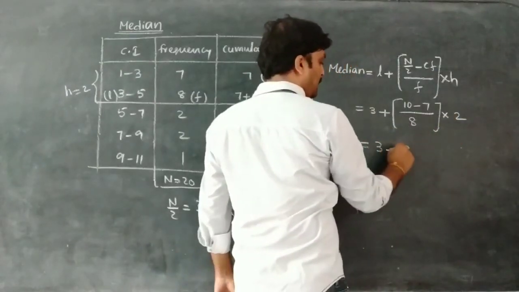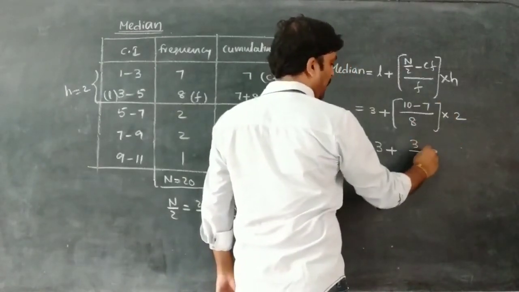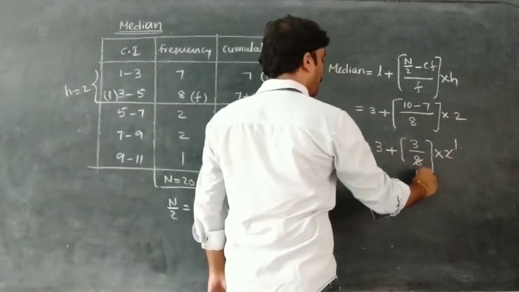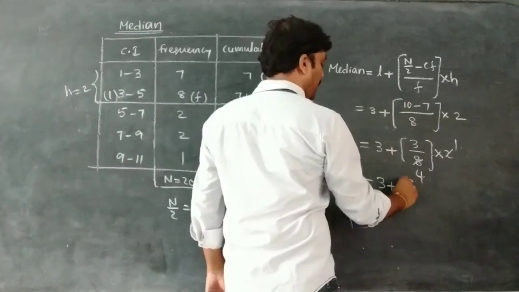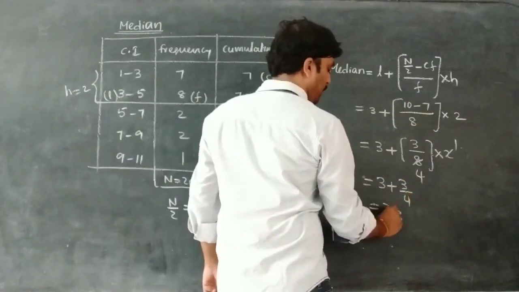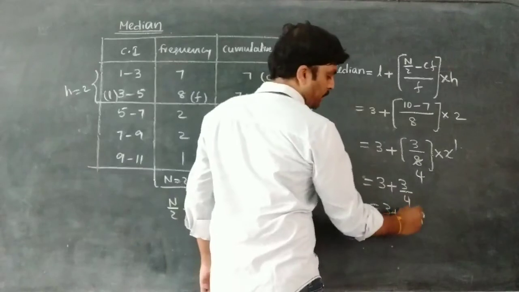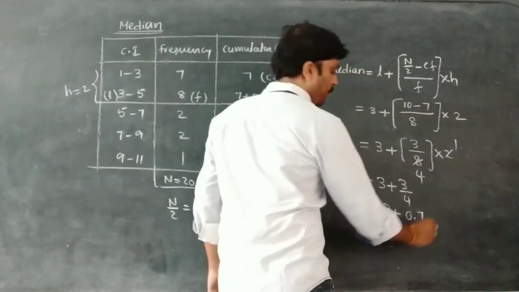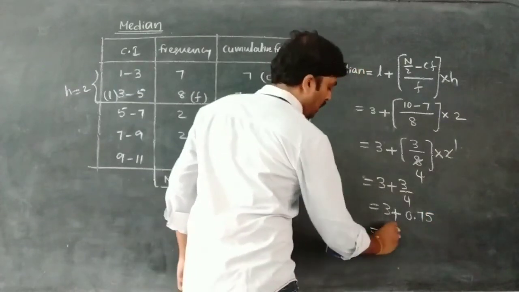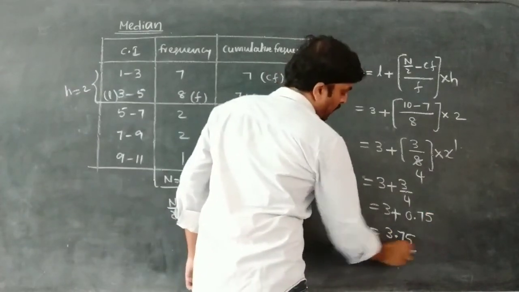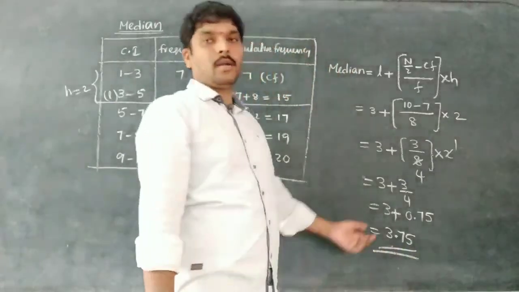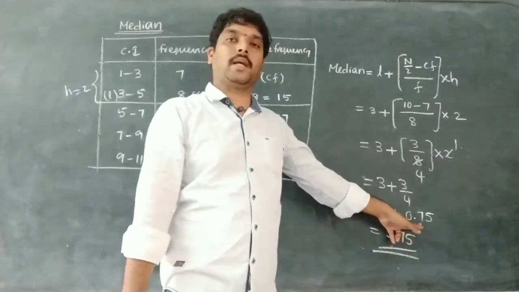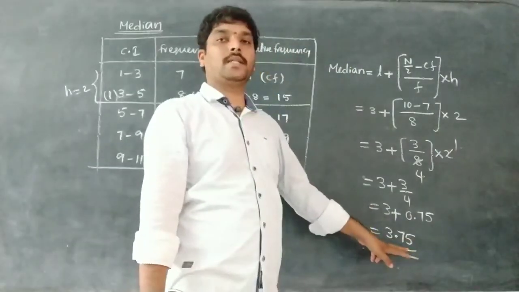Now 3 plus (10 minus 7), 3 by 8 into 2. 2 ones are 2, 2 fours are 8. 3 plus 3 by 4. 3 plus 3 by 4 means 0 point, means 30. 4 sevens are 28. 4 fives are 20. So 3.75. Here no need to write approx because here direct 0.75, remainder getting 0. So 3.75 is the median.